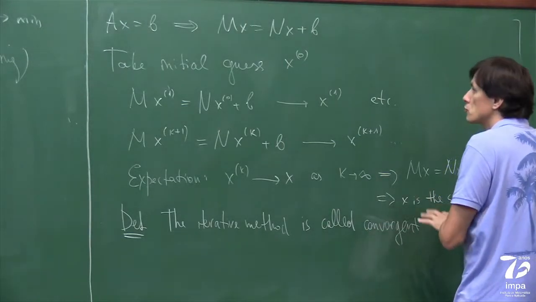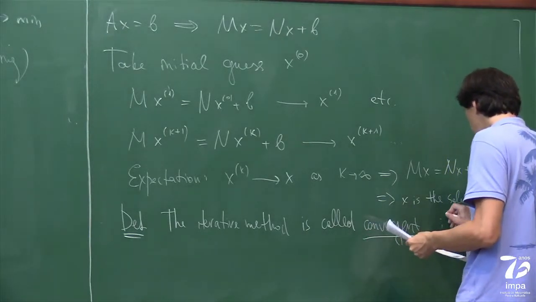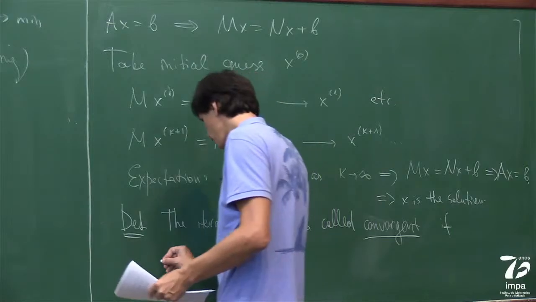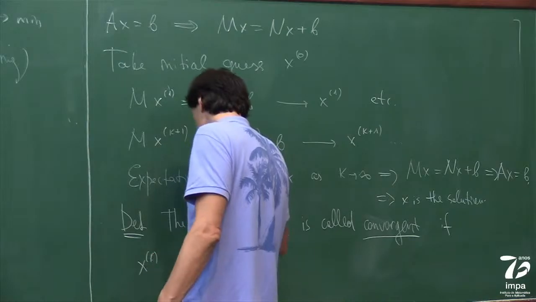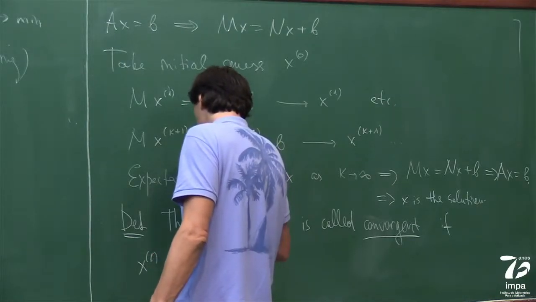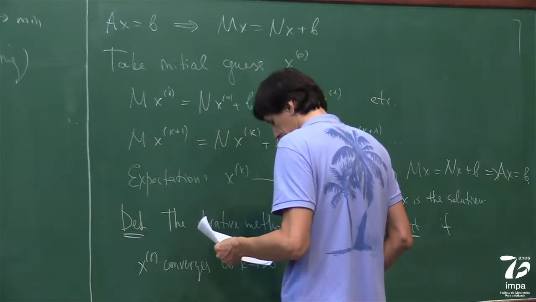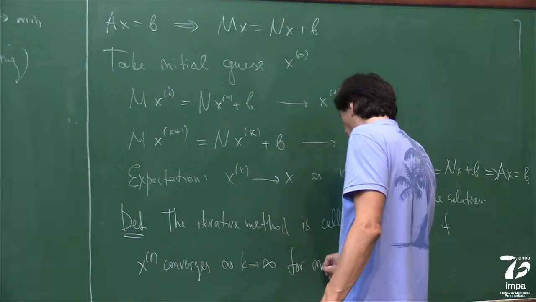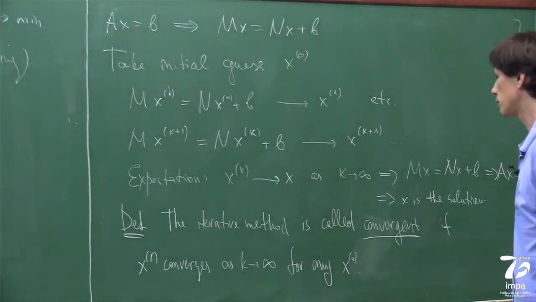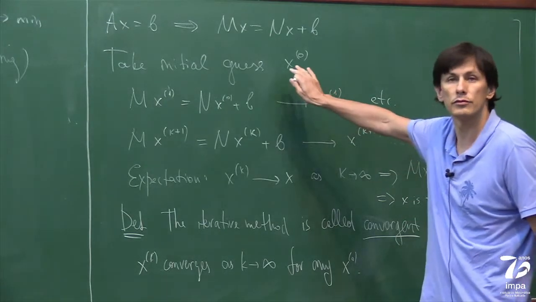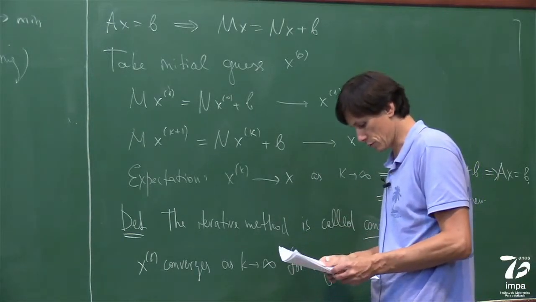So essentially the method is convergent when it converges for any initial state: if xk converges as k goes to infinity for any x0. So the method is convergent if it converges whatever initial guess you take. And whenever it converges, we have a solution. The converged value is a solution.